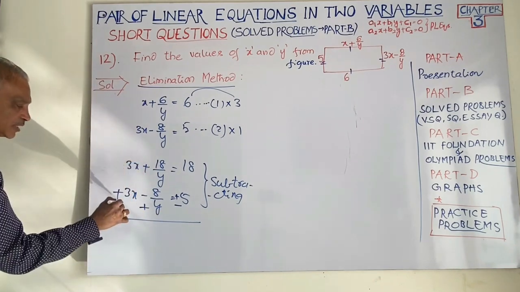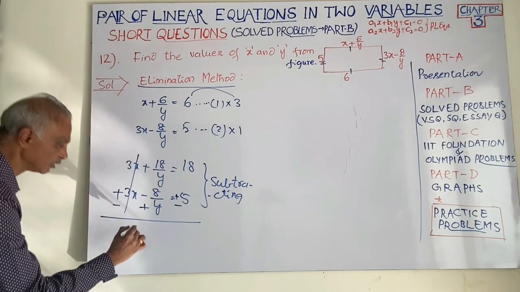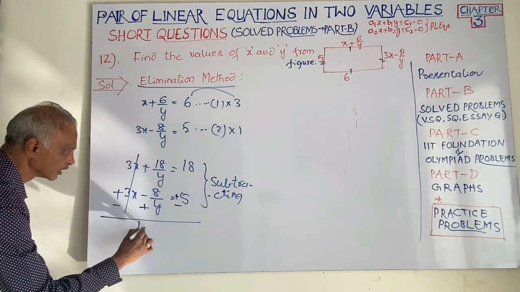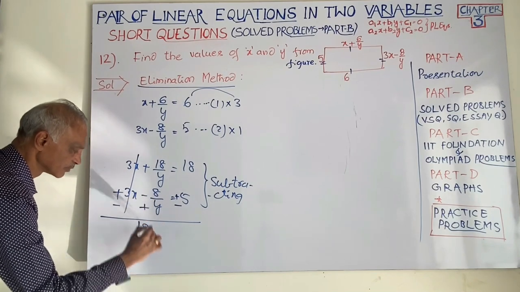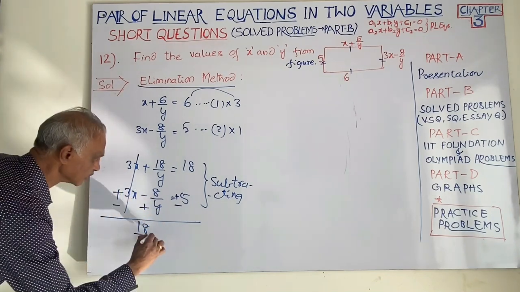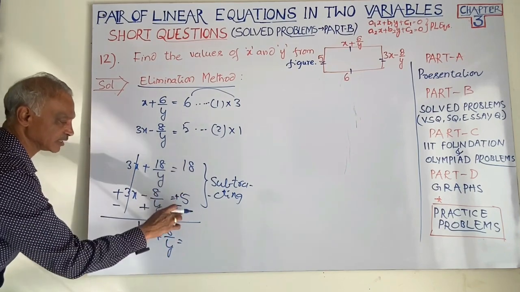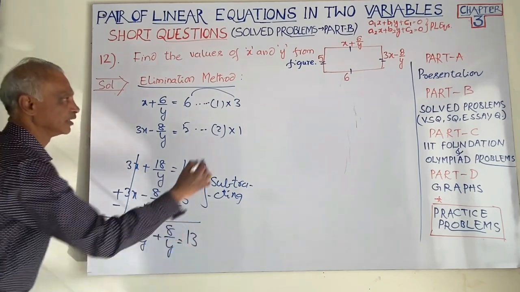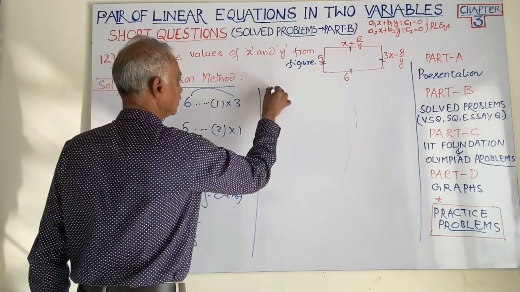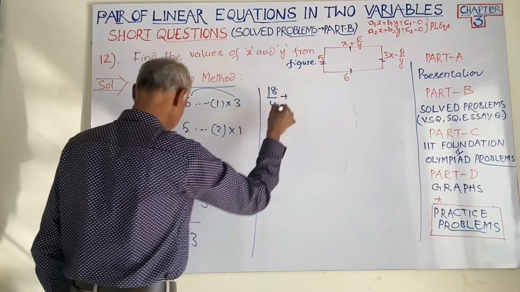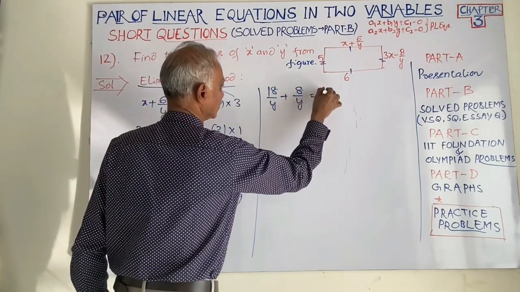Plus 3x minus 3x cancel. Now the 8 by y terms: minus becomes plus, so plus 8 by y, is equal to 18 minus 5, which is 30. Take down 18 by y plus 8 by y is equal to 30.